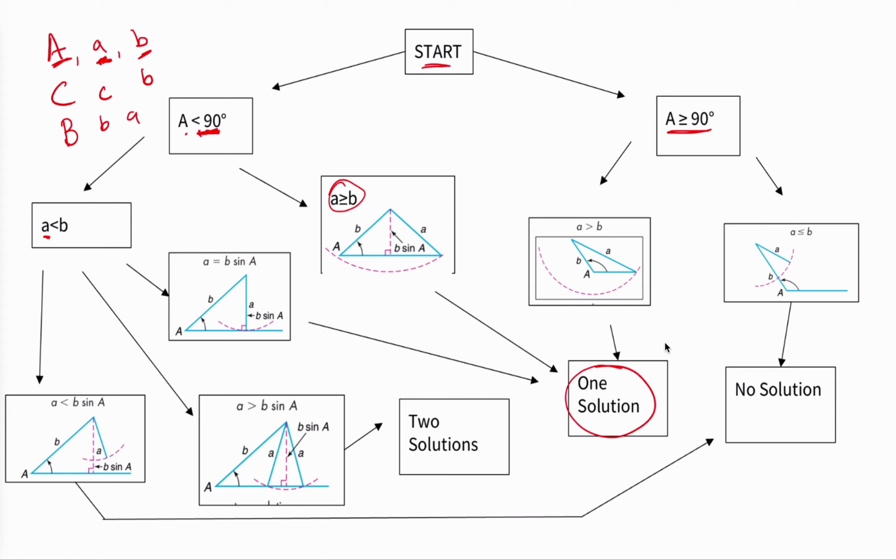We like that scenario. If it's smaller, then we have to check B sine A. Is it equal to A, less than A, or greater than A? If it's equal, it's one solution, and you have a right triangle. If it's greater than A, your A doesn't touch the ground, you have no solution. If it's less than A, you've got two solutions.